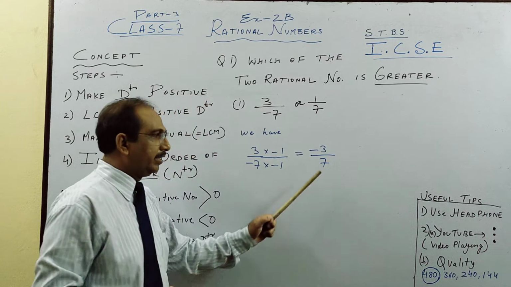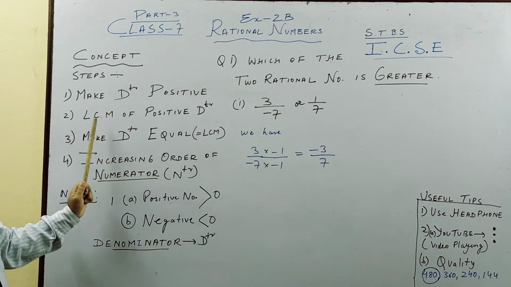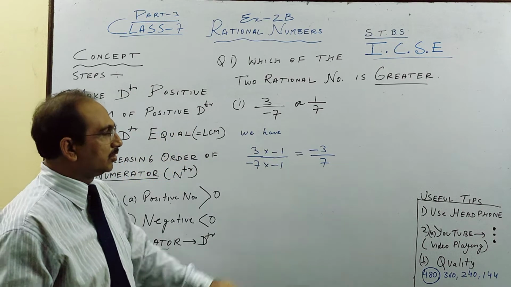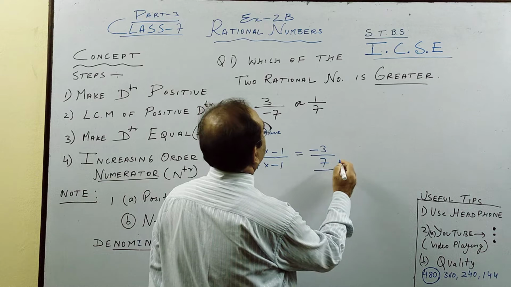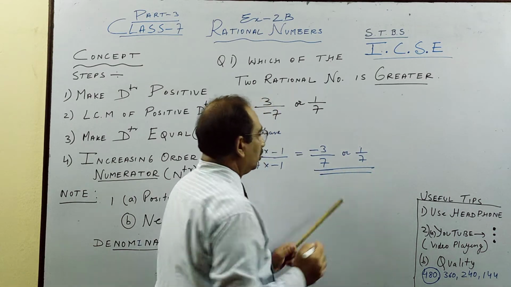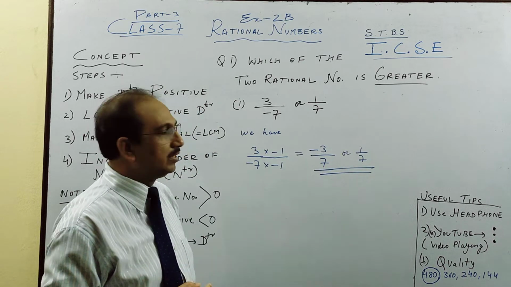Your denominator will become positive. Then we have to take the LCM of the positive denominators. So here we have this or 1 by 7. The LCM of 7 and 7 is the same, so I am not finding the LCM.